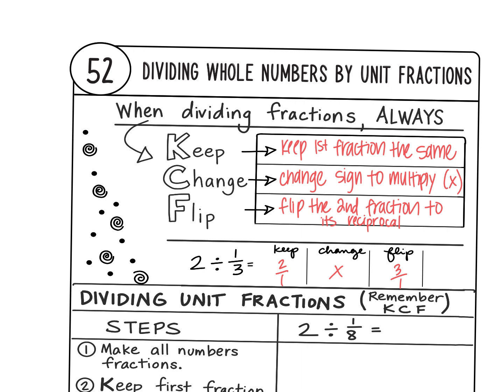You keep, I have to put that over 1 to make it fraction form. Change to multiply and flip the second fraction so it's now 3 over 1. Multiply my numerators. 2 times 3 means my numerator will be 6. Denominator times denominator, 1 times 1 is 1. Simplify if possible. What does this reduce to? 6. Just 6.